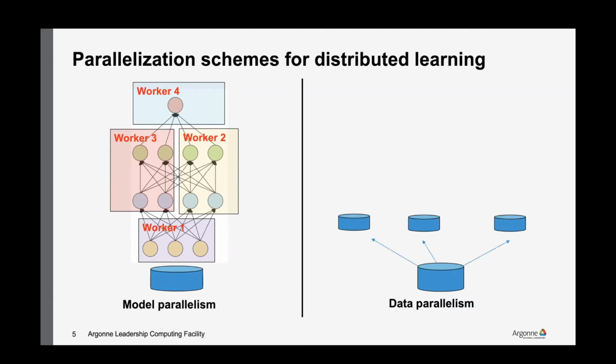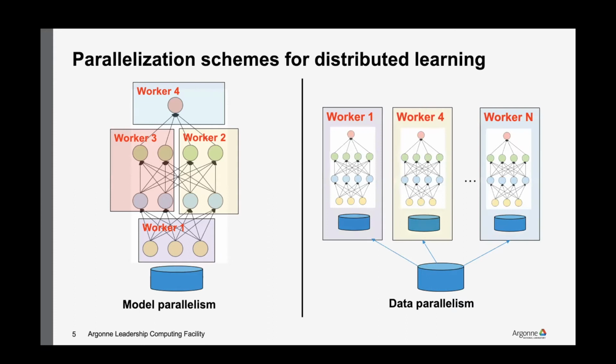Data parallelization is where we duplicate the model, and each worker has a complete set of neurons, the complete model, but we partition the data into different subsets. Basically each worker only processes a subset of the data set, right?